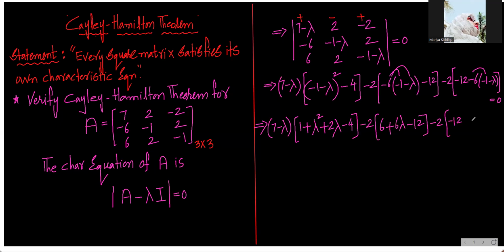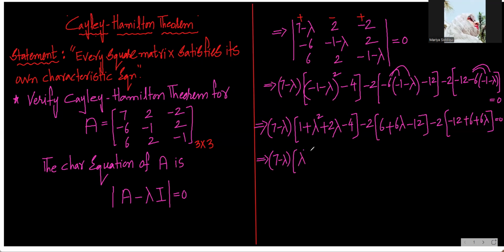This is minus into minus plus 6 lambda. Sir, minus 12 minus 6? Minus into minus is plus. This 6 should multiply with these two separately. I will send you the link of this recording. You can see it there.